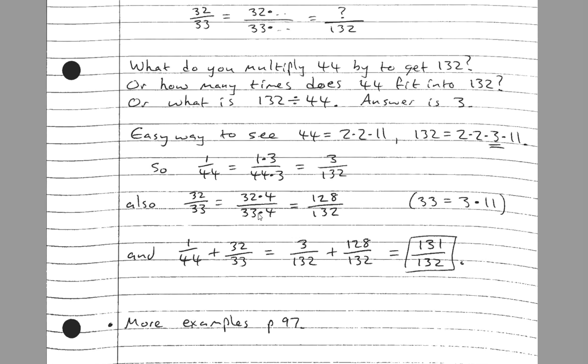And again, if you're multiplying by 4 on the bottom, don't forget to multiply by 4 on the top to keep it equal. If you forget to multiply by the 4 on the top, then they're not equal, and you'll get the wrong answer.